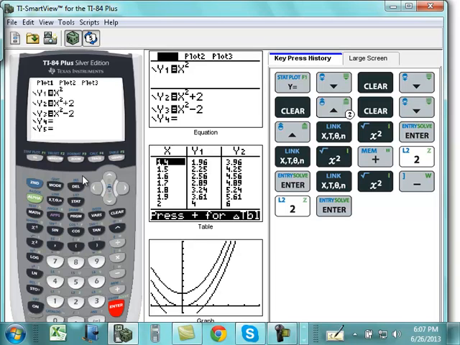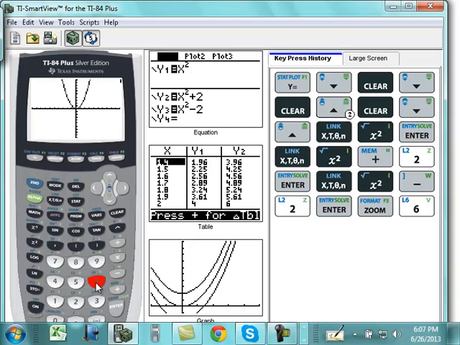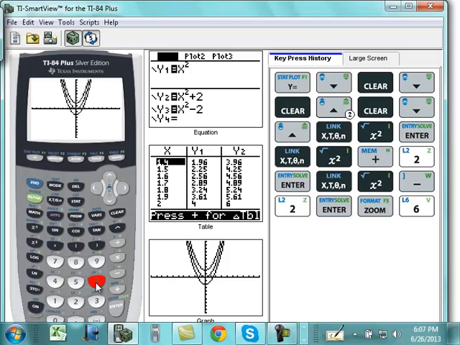And let's just go ahead and go to Zoom Standard so we can quickly do the graph from negative 10 to positive 10 and negative 10 to positive 10 and so forth. So this middle parabola was the graph of x squared. This one, 2 units up, that's the graph of x squared plus 2.